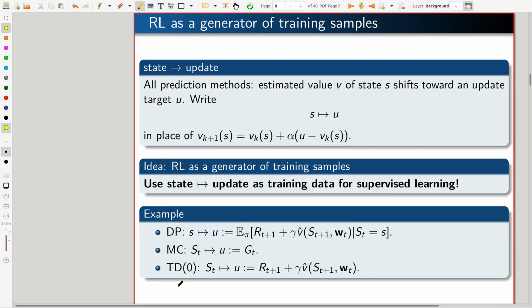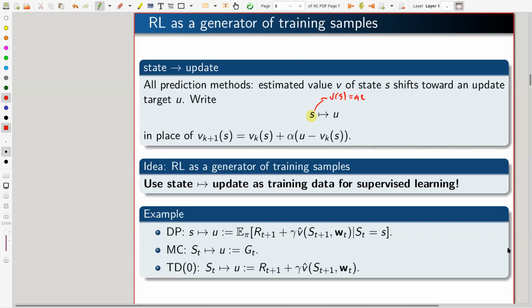Remember, for the tabular reinforcement learning, I wanted to estimate a state, let's say a state S, and let's say the state value is 42. Then I was doing some estimate of the state with the method I prefer, let's say Monte Carlo method or temporal difference method.